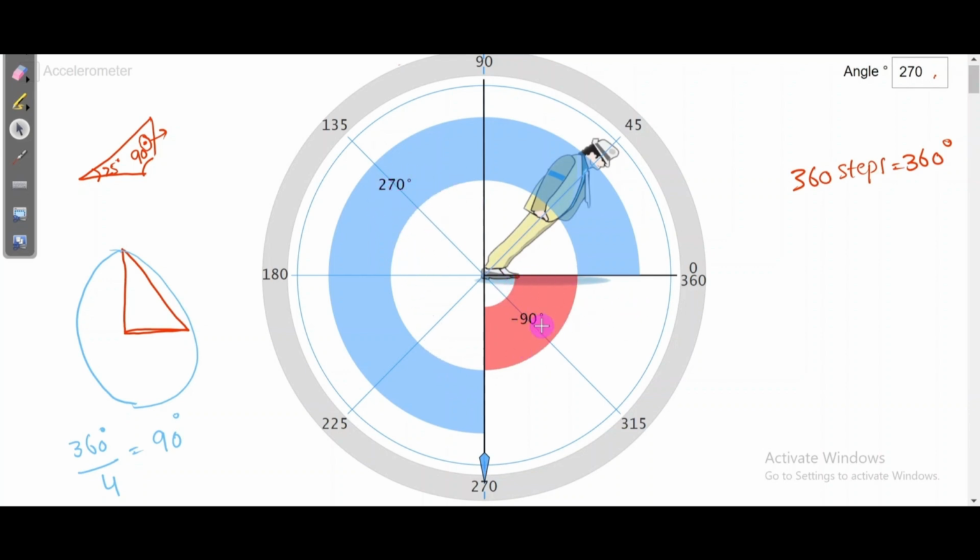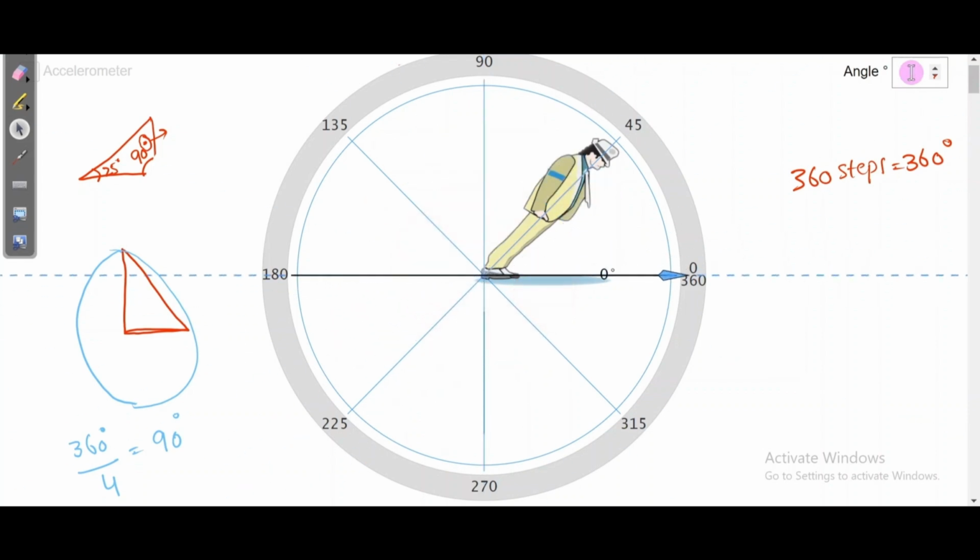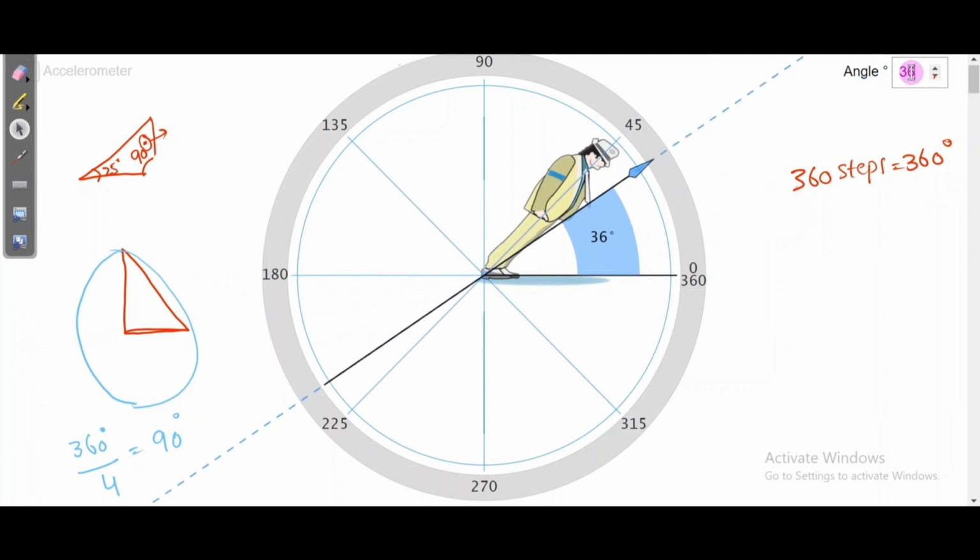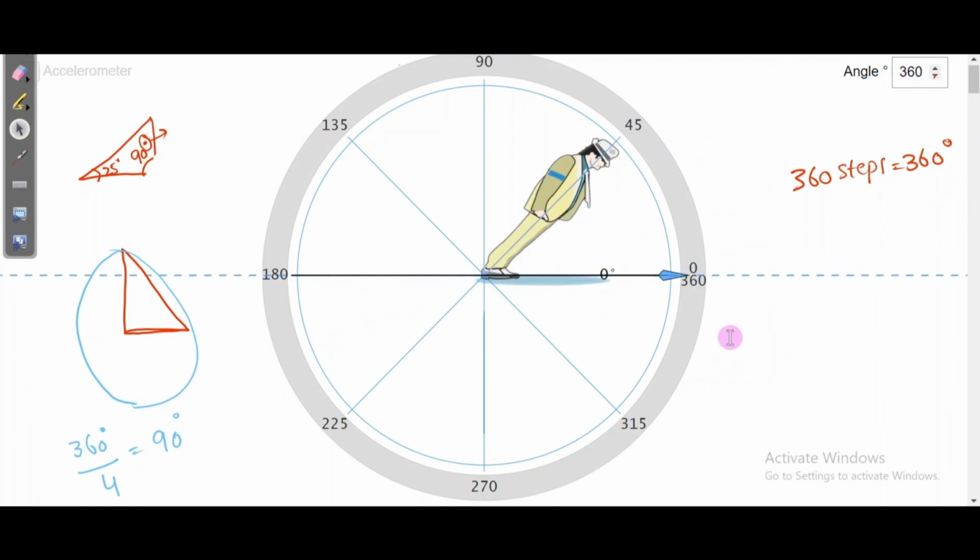And here, let's say I'm going to reach it to 360. So this is the 360. If we take 360 steps in this circle, then we will reach its original position.